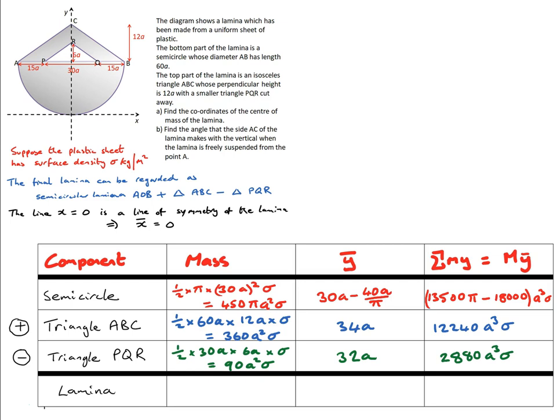So for the laminar as a whole, the total mass is going to be 450 pi a² sigma plus 360a² sigma, take away 90a² sigma, which leaves me with 450 pi a² sigma add 270a² sigma. Or in factorised form, I've got (450 pi + 270) times a² sigma.